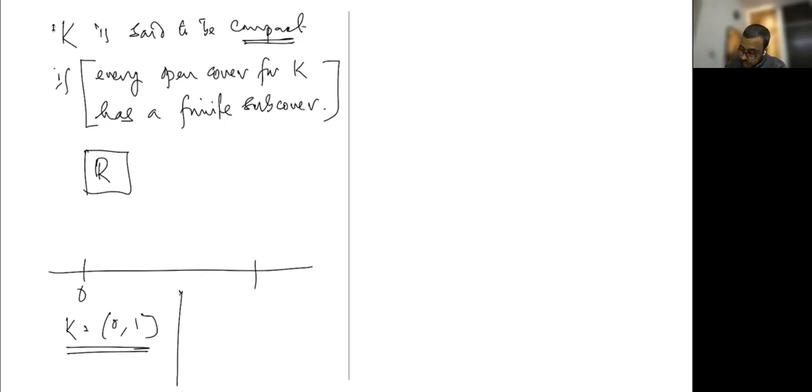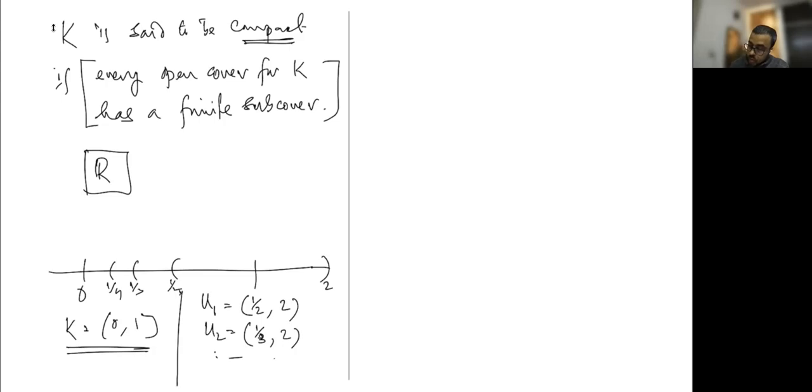So for that, you can take, let's say, U1 to be (1/2, 2), U2 to be (1/3, 2). So basically something like this: (1/2, 2), (1/3, 2), (1/4, 2), and so on.